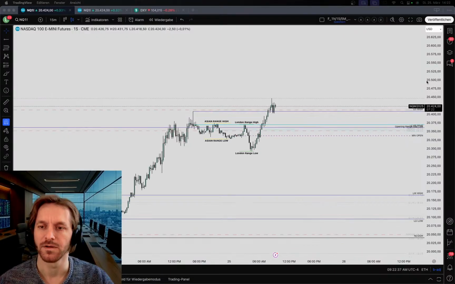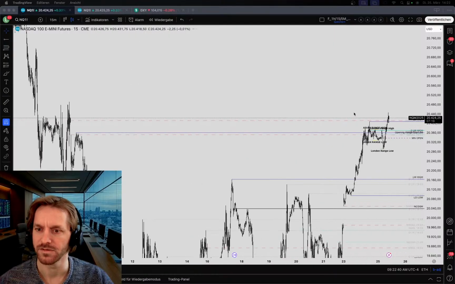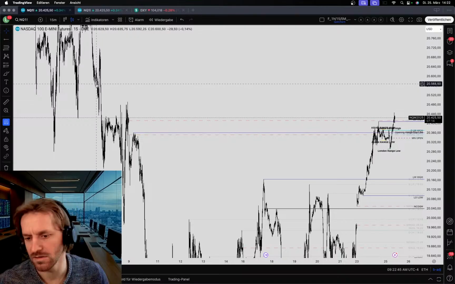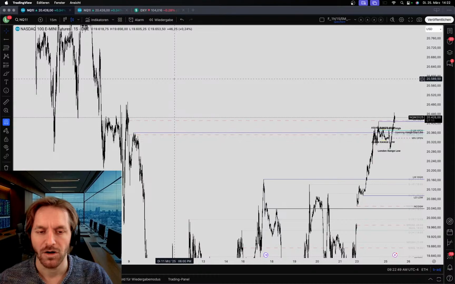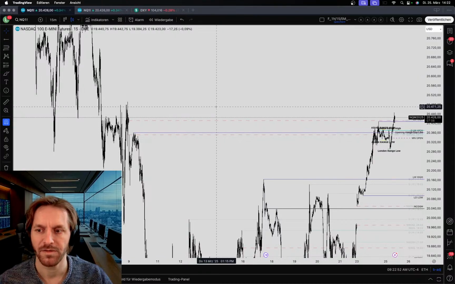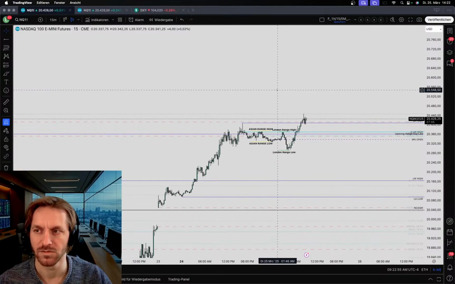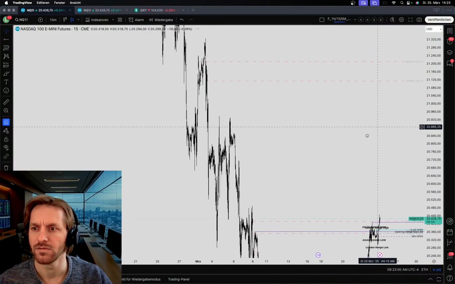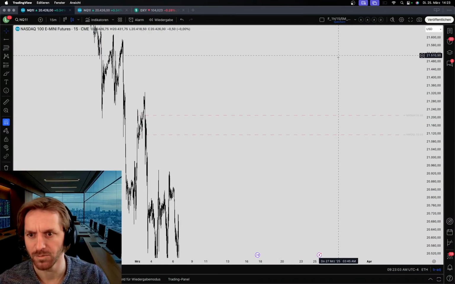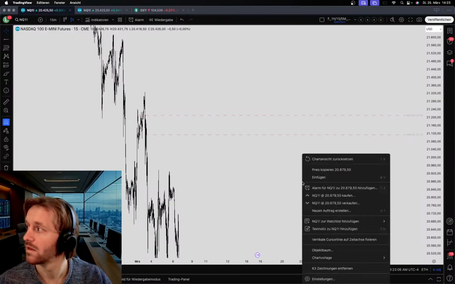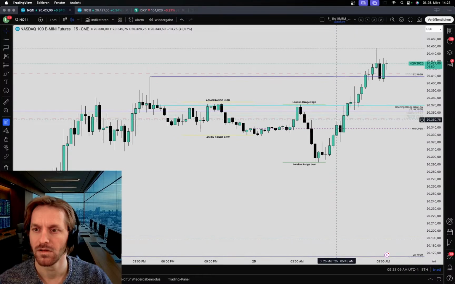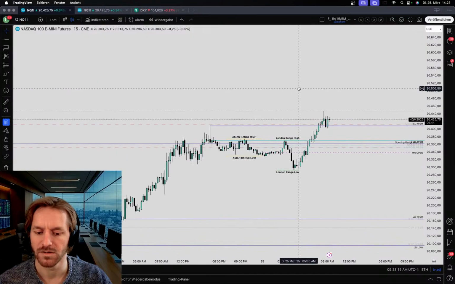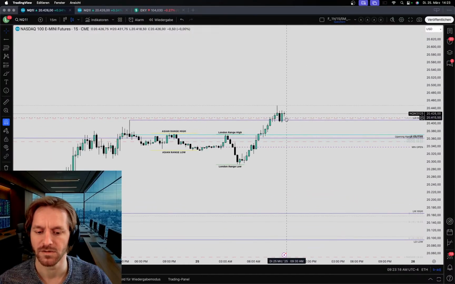On the 15-minute chart above us there is nothing anymore, because the time when price was at this level is long ago, from the beginning of this month, and that's why I don't have any more levels yet. We do have another new week opening gap, but that's even higher, so nothing interesting for us now.